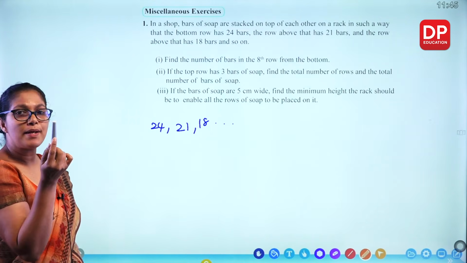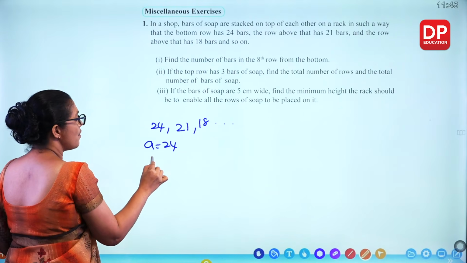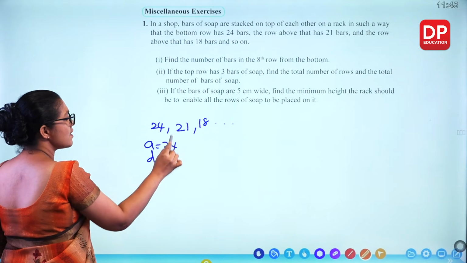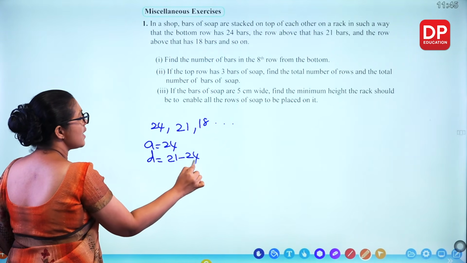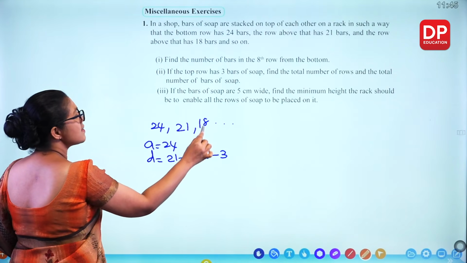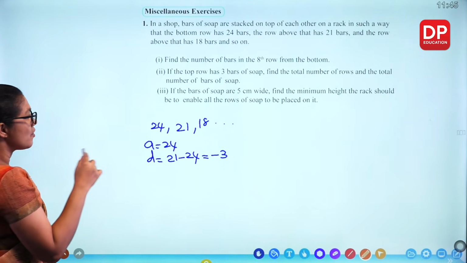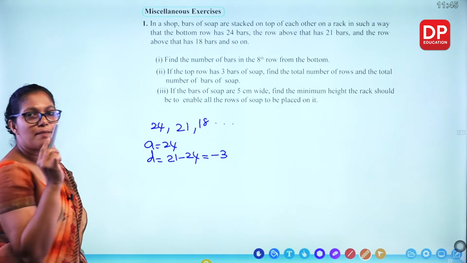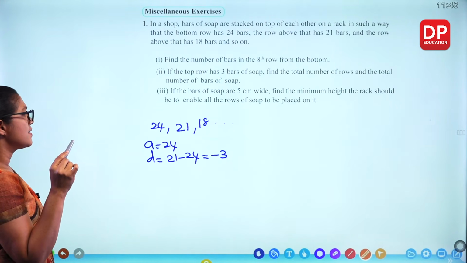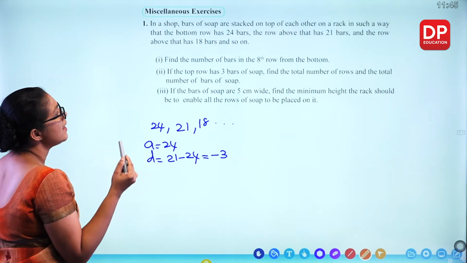Now this is an arithmetic sequence. Why? First term is 24. There is a common difference. Here what's the difference? You get minus 3. Subtract minus 3 all the time, you are getting the next term. So this is an arithmetic sequence. So here they are asking find the 8th row.